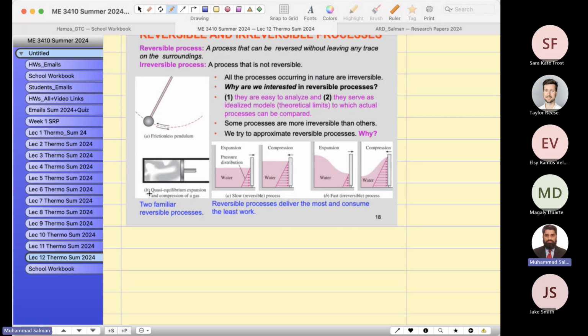Some examples of reversible processes are quasi-equilibrium expansion or compression of a gas, and a frictionless pendulum. So let me show you in the diagram. If you have a PV diagram, state point 1 to state point 2.